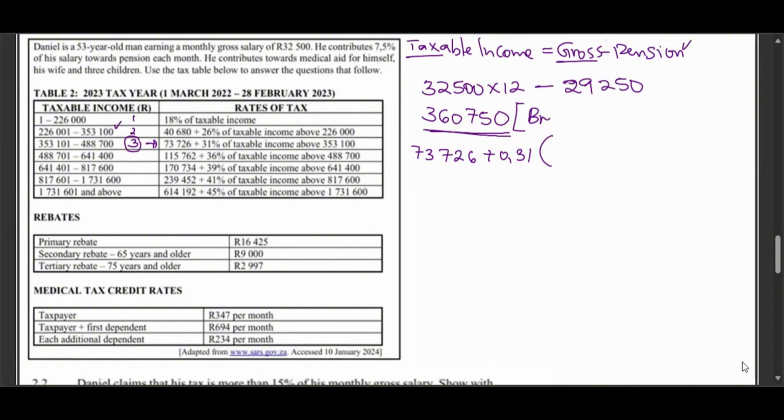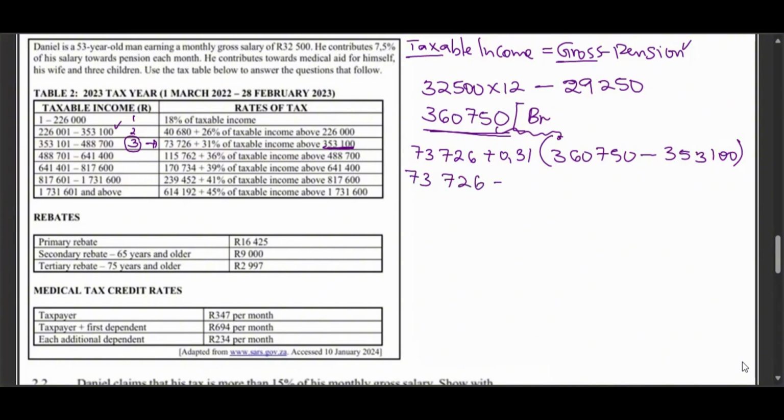Open brackets. The moment you open brackets, you bring this money in, so it becomes 360,750 minus the money that is found there, which is 353,100. Please, at this moment, try to simplify.